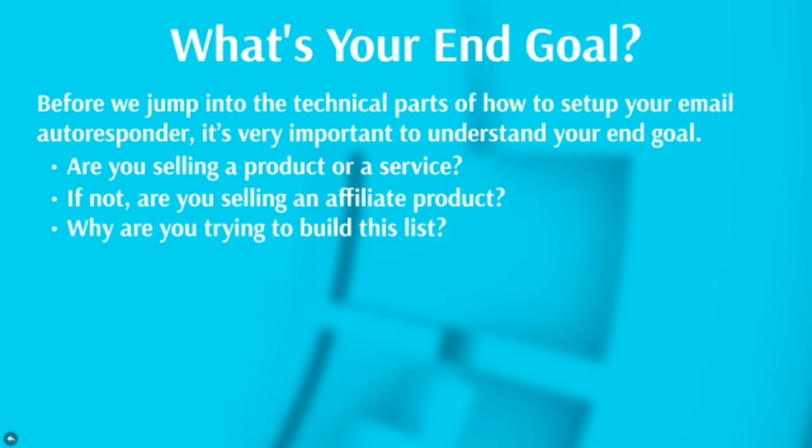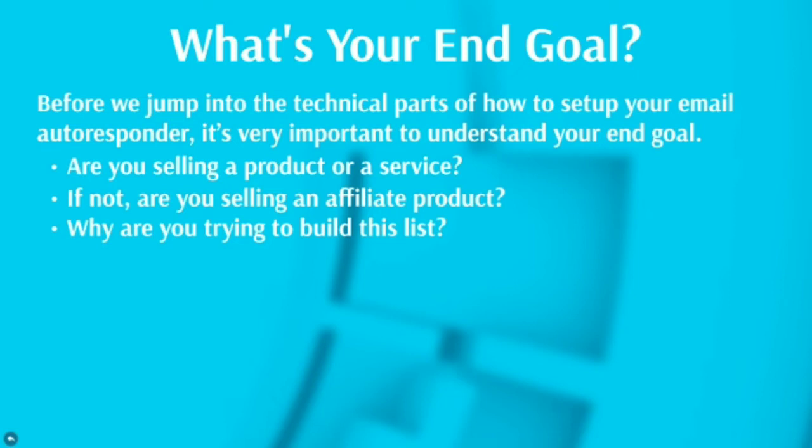If you're selling an affiliate product, you could still build a brand, but you're selling somebody else's product, so you need to gear it in a certain way. So in other words, if you're selling a product or service, you need to clearly understand what are the problems that your prospect faces, right? And give them tips and pointers along the way, and build a relationship with them, gain their trust so that they're interested in your product or service.